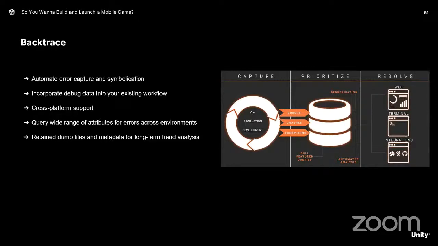And because it has deduplication done on Backtrace, if the same error report is seen, it won't actually recreate that error in Backtrace, right? It will just deduplicate it and lump it up into that same error.